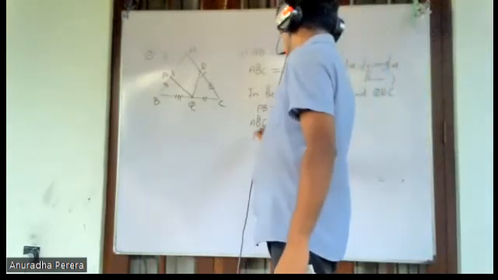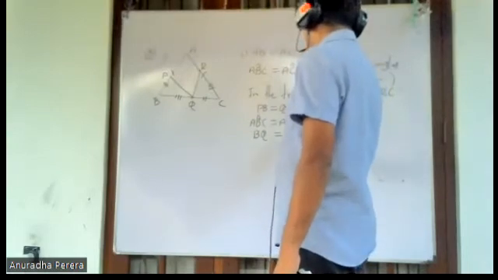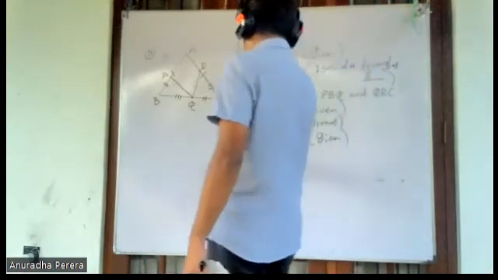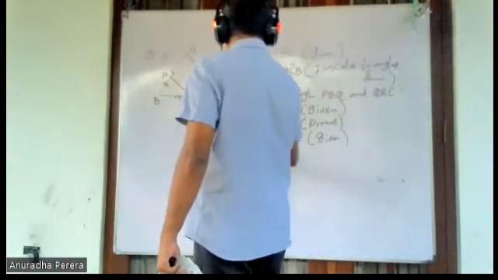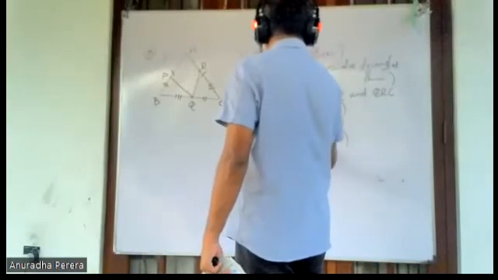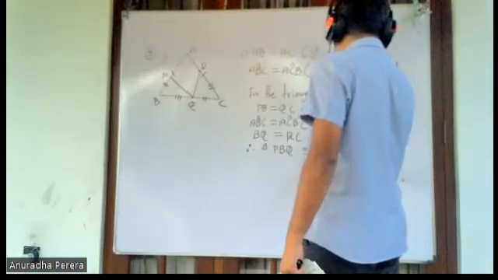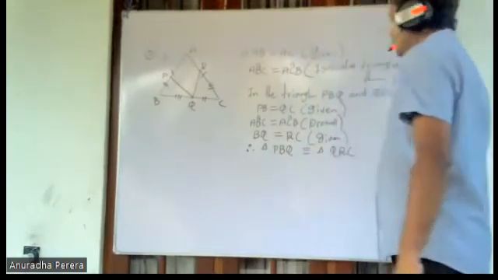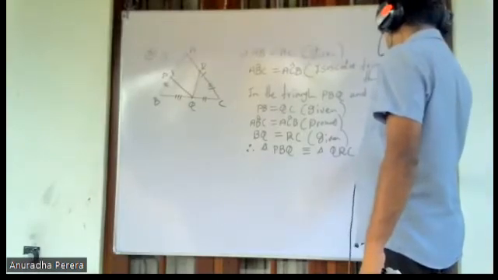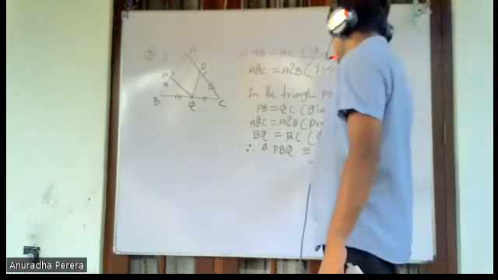And BQ equals RC, it is also given. Therefore, triangle PBQ is congruent to triangle QRC under the case side angle side.